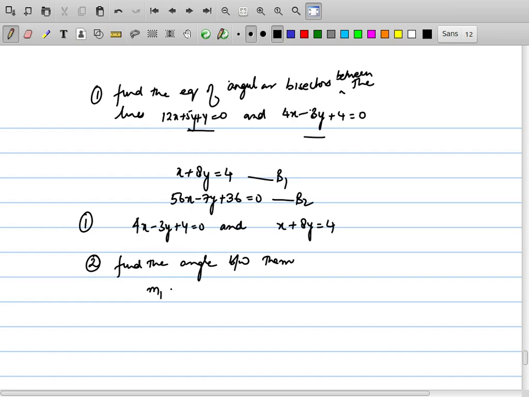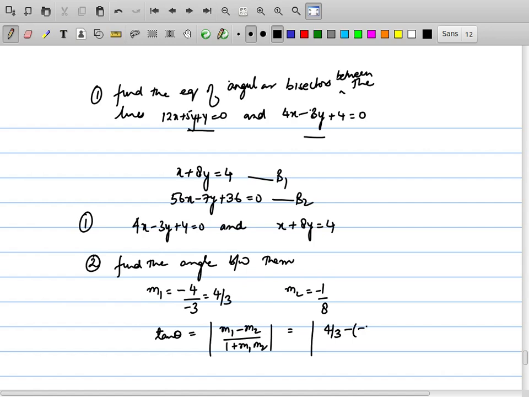For finding the angle between the lines, we need m1 and m2, the slopes of the lines. m1 is minus coefficient of x upon coefficient of y, that is 4 by 3. For the bisector, the coefficient of x is 1, so m2 is minus 1 by 8. Now apply the formula. Angle between these lines, tan theta is m1 minus m2 upon 1 plus m1 m2. What do we get? m1 is 4 by 3 minus of minus 1 by 8 upon 1 plus 4 by 3 into minus 1 by 8.